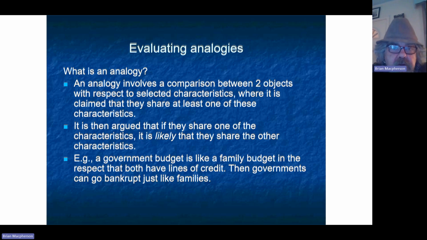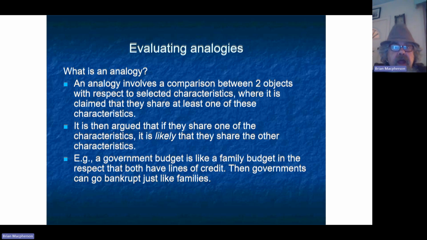It is then argued that if they share one of the traits, it is likely they share some of the other traits in common. So if I say computers are like humans in the sense that they can solve math problems, and given that humans can think, then maybe it's likely that computers also think. So maybe if they share one characteristic with us, they share a second characteristic.